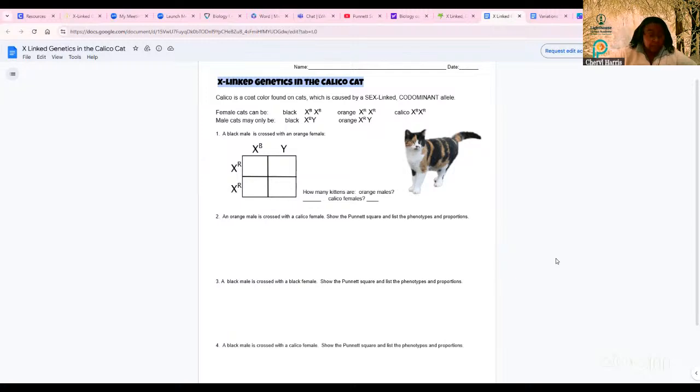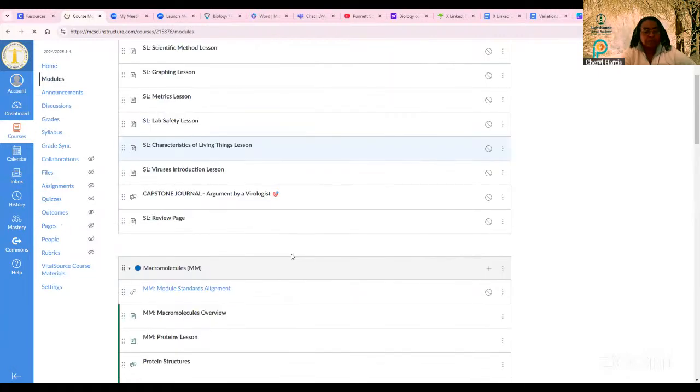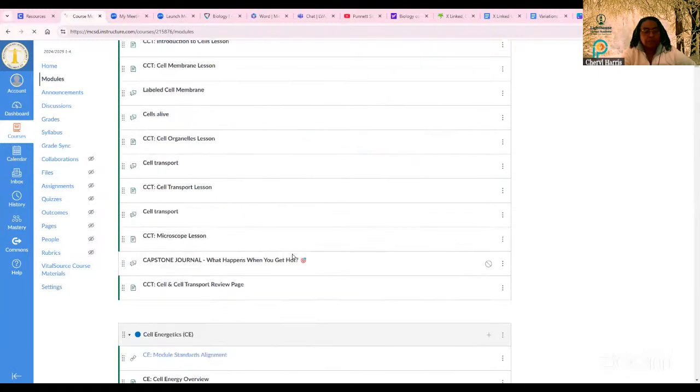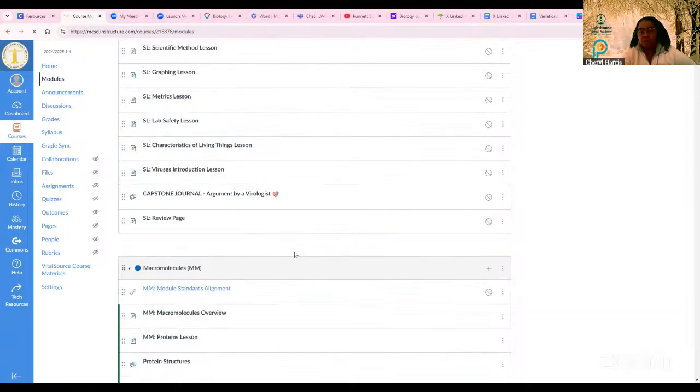Again, you should go back and look at what we mean by codominant. You were supposed to look at the module. There's a lot of things you've got to do. Look at the module, and on Tuesday we'll talk more about codominance.